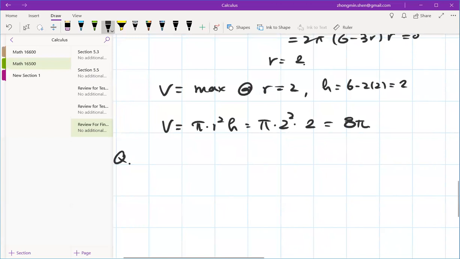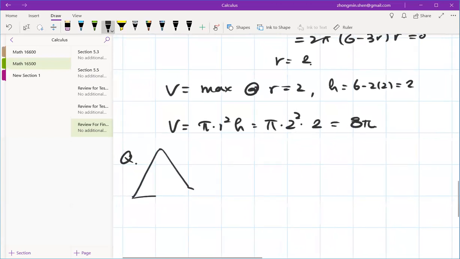The base of the triangle. This is a triangle. Okay.